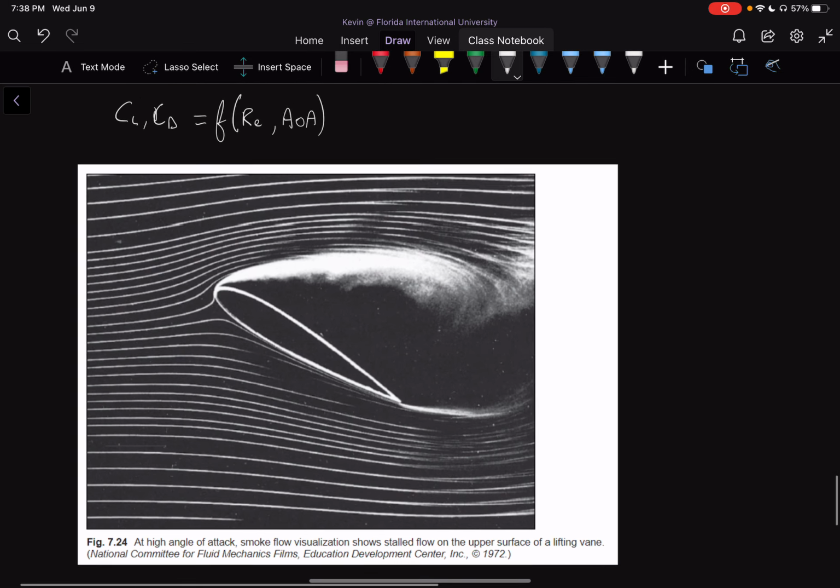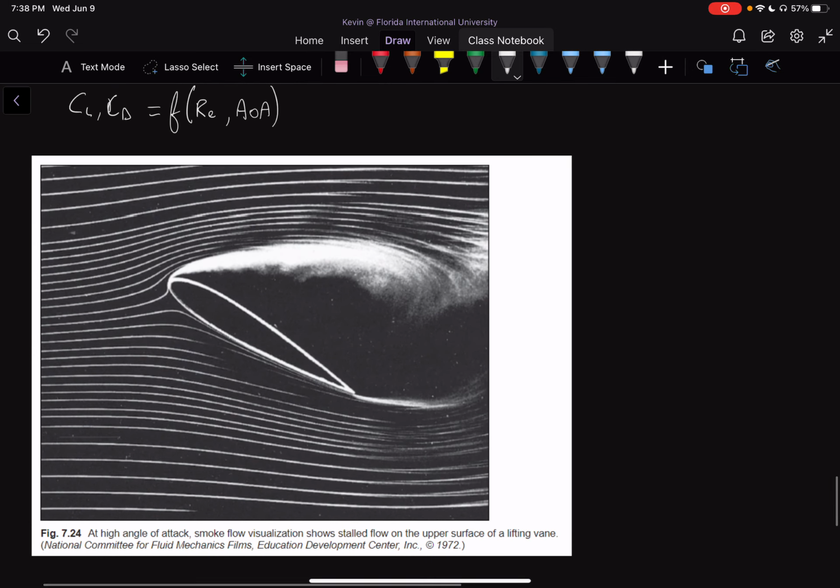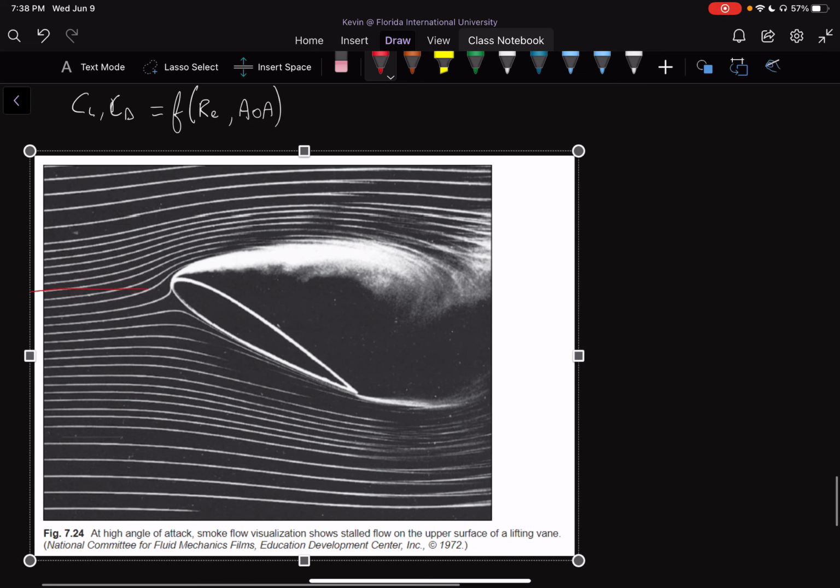Now the angle of attack is the angle between this essentially horizontal line and the line at which our wing is passing through, and this is our angle of attack. Okay, we're interested in the angle of attack.